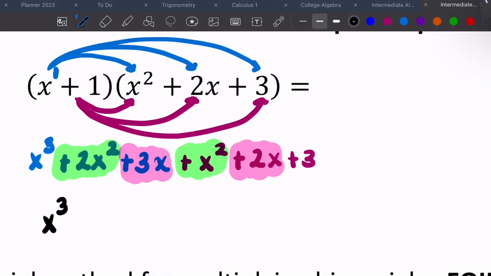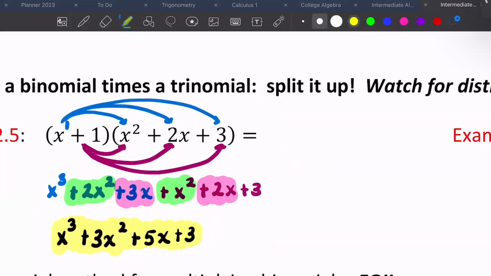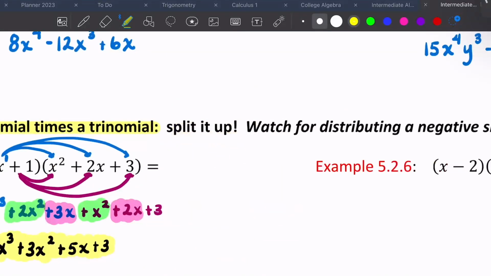That didn't have a buddy, plus 3x squared. Now we're adding like terms, so we're not touching our exponents, plus 5x plus 3, right? So that's our final answer. So when we distribute, or when we do binomial times trinomial, like we're doing right here, we might have to add those like terms, okay?